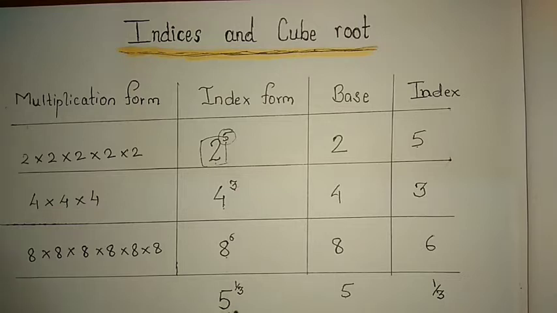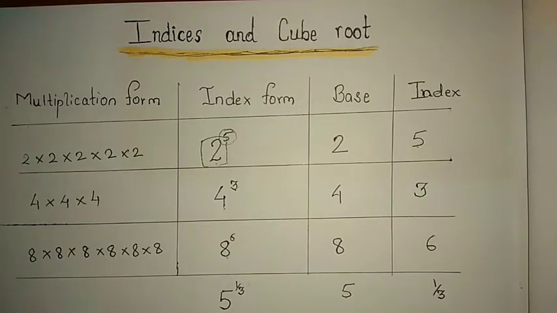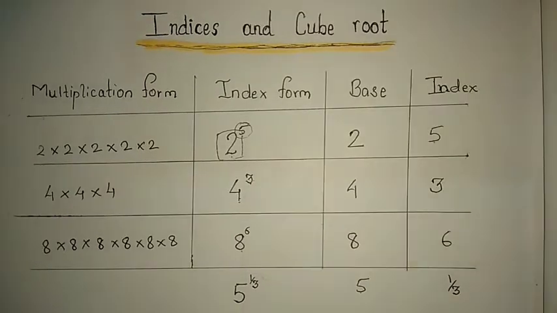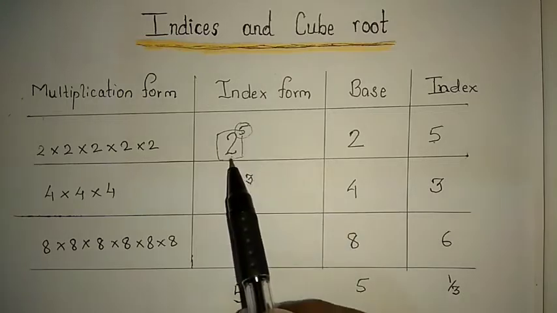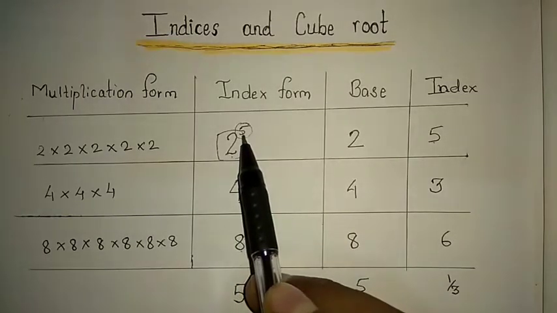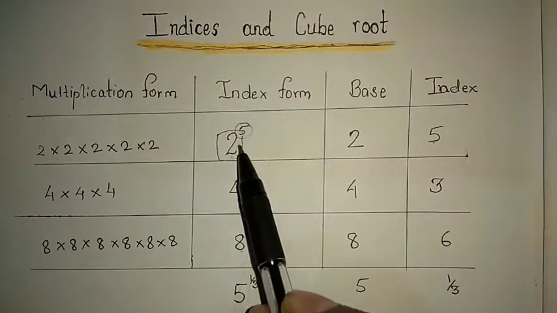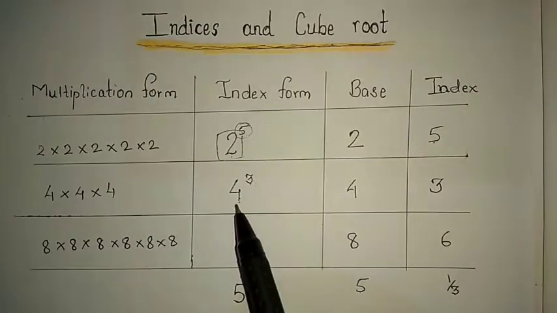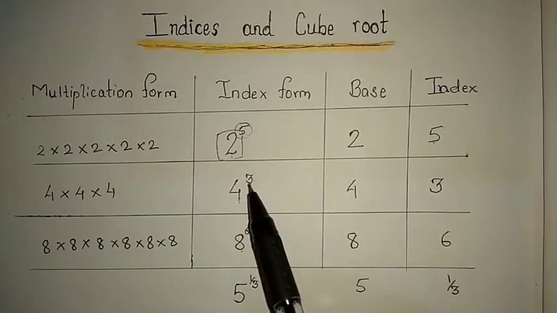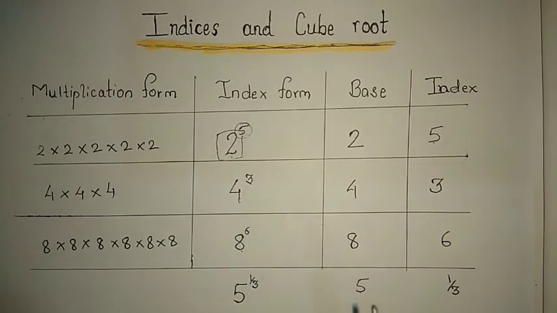Now how will you read this? For example, 2 raised to 5. How will I read it? Fifth power of 2. 4 raised to 3 means third power of 4 or cube of 4. 8 raised to 6 means sixth power of 8.